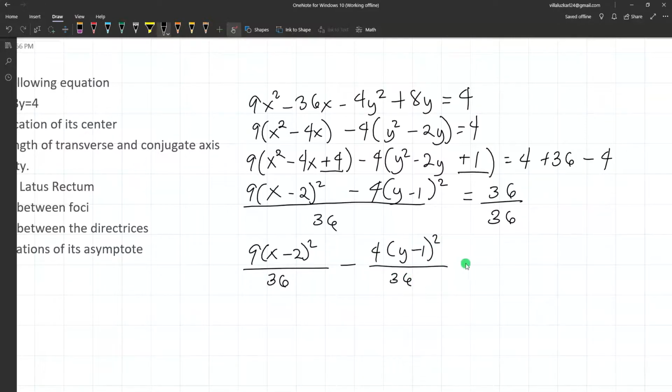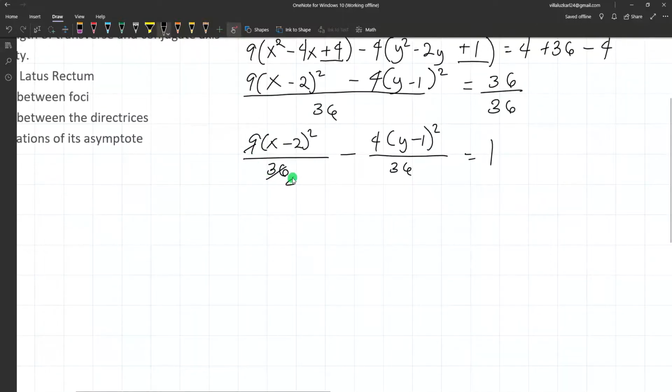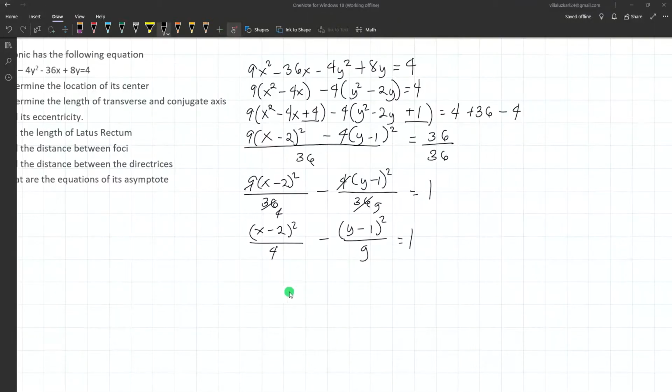So 36 over 9 is 4, and 36 over 4 is 9. Then (x minus 2) squared over 2 squared minus (y minus 1) squared over 3 squared equals 1.